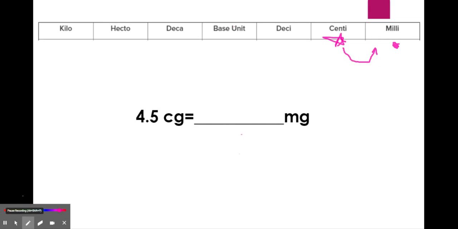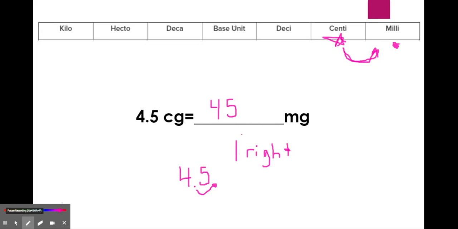So we are moving one place to the right. So go ahead and rewrite your number, pause the video, and convert from centigrams to milligrams. Your answer is 45 milligrams.